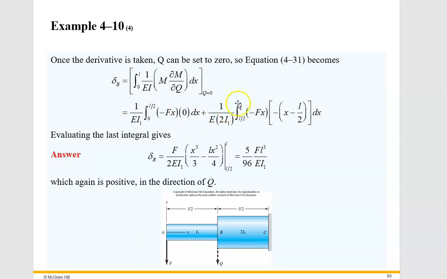And so then the second half, from L over 2 to L, we have our larger inertia. We have minus Fx, and then we have minus, this is the derivative, x minus L over 2. We will integrate that portion, and the delta B is now known.